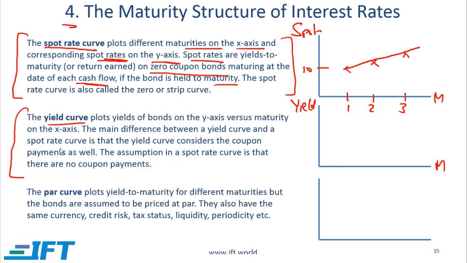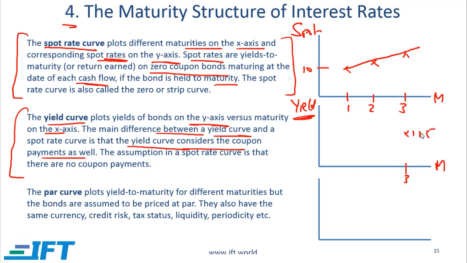Next we come to the yield curve. The yield curve plots yields of bonds on the y-axis versus maturity on the x-axis. The main difference between a yield curve and a spot rate curve is that the yield curve considers the coupon payments as well. When you think about yield to maturity on a 3-year bond, that yield to maturity considers the intermediate cash flow. In other words, it considers the various coupon payments. So you can have a situation where the yield on a 3-year bond is, let's say, 11.5%.